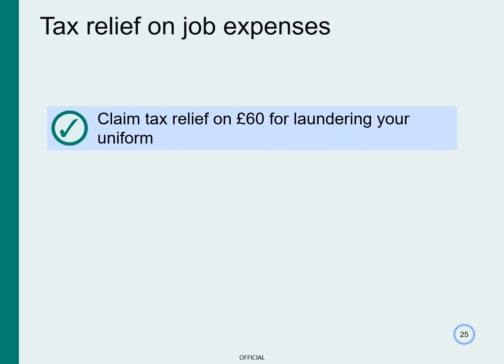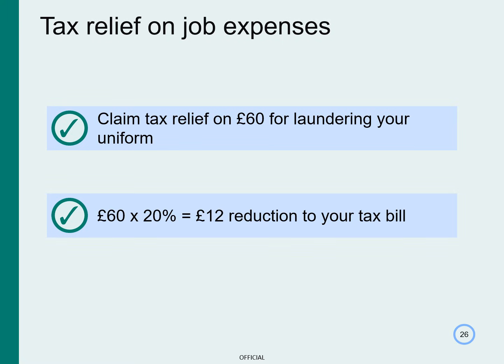You're claiming a fixed rate deduction, sometimes called a flat rate expense, of £60 for laundering your work uniform. £60 multiplied by the highest rate you pay tax is the amount your tax bill is reduced. So if you pay tax at the basic rate of 20%, your tax bill is reduced by £12.